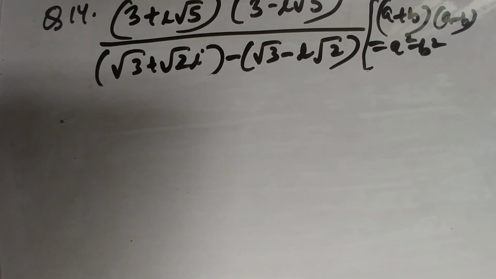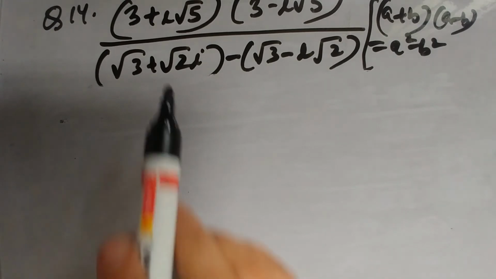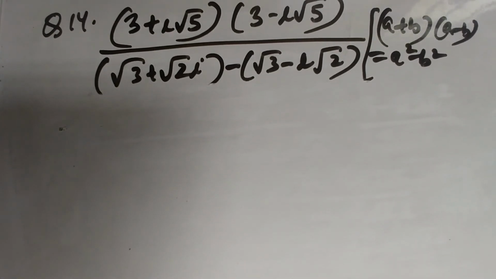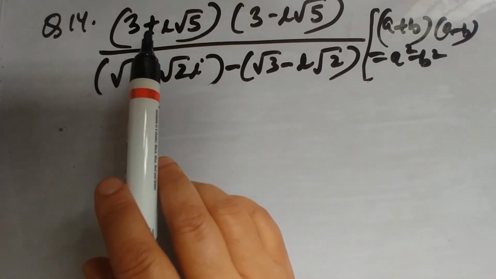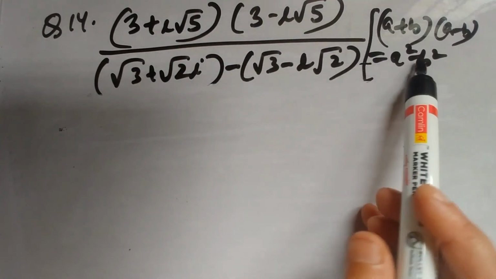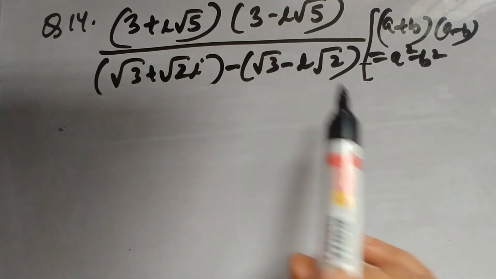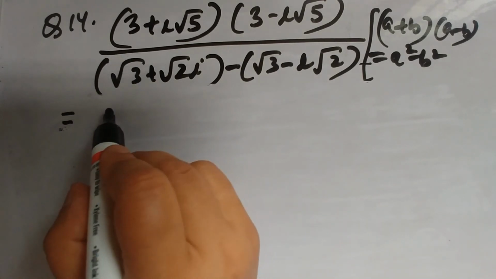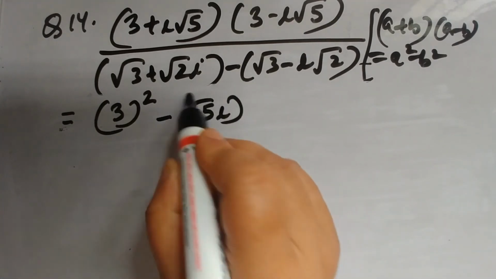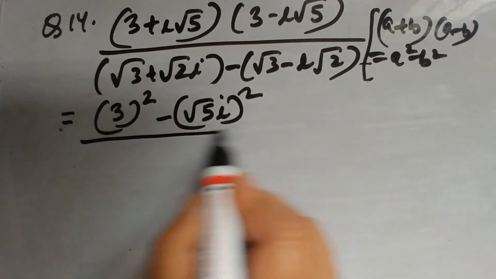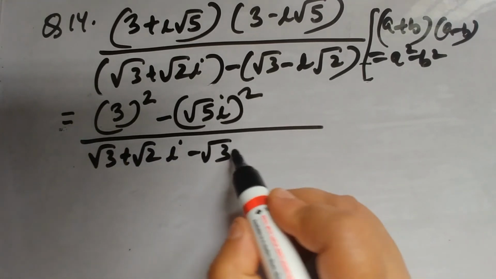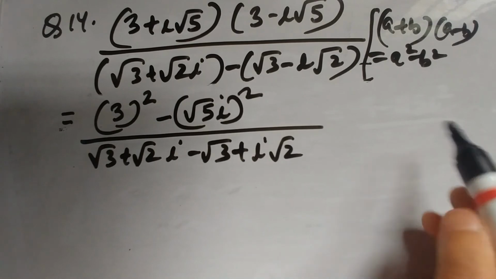Question number 14 is you have to express this complete term in the form of a plus iota b. Now see, the numerator can be solved by using a plus b into a minus b, that is a square minus b square, and denominator can be opened. So it becomes 3 square minus root 5 iota whole square upon root 3 plus root 2 iota minus root 3 plus iota root 2.